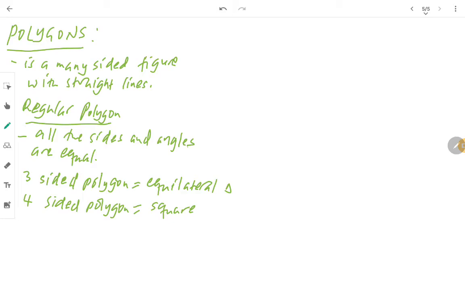Five-sided, which is a pentagon. I'm not going to do all of them. Then six-sided, hexagon.